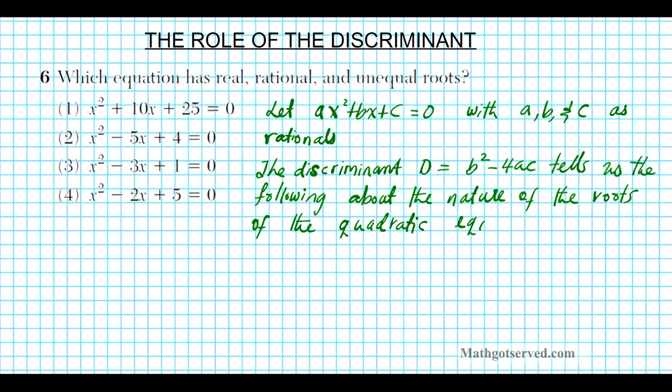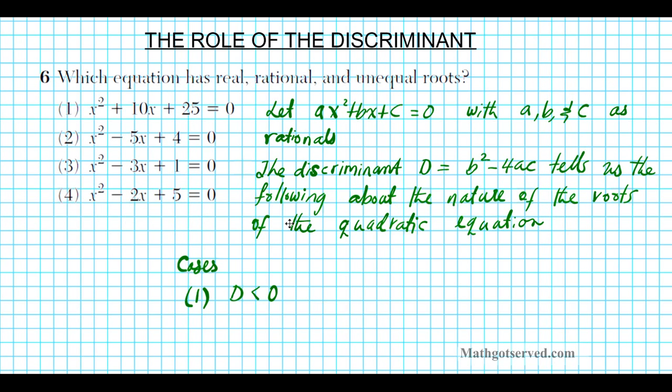Okay, so like I said earlier, there are 4 cases. Let's look at case number 1. What if you have the discriminant with a negative sign? Let's say the discriminant is less than 0.